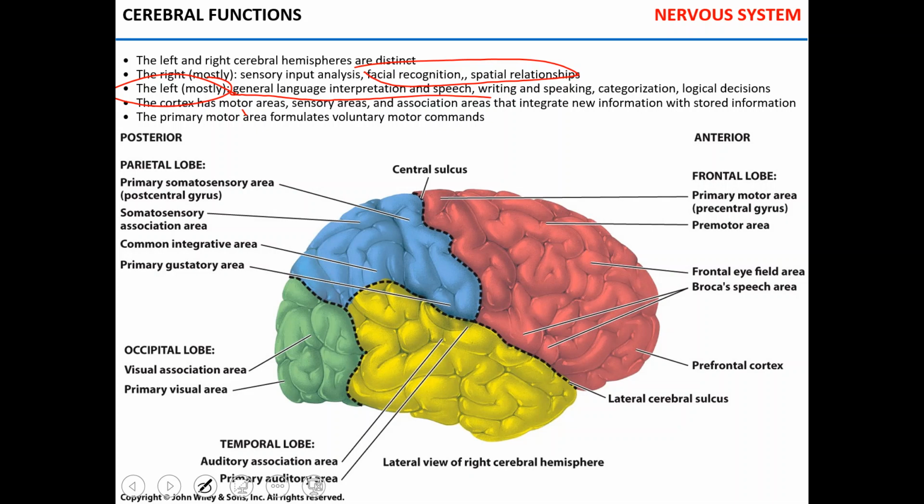So the cortex has three main types of cortical areas, okay? Motor, sensory, and association. So for instance, the primary motor cortex here and the premotor area, they're responsible for the voluntary motor commands.